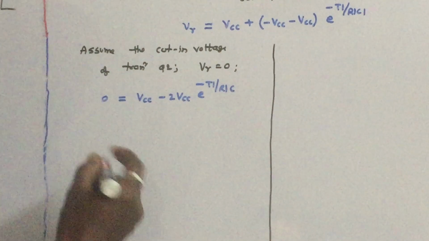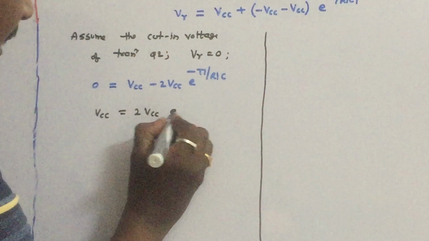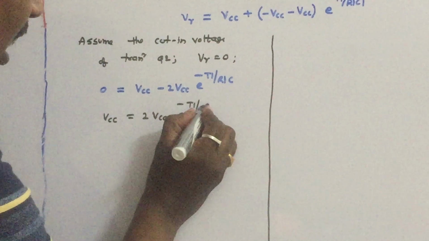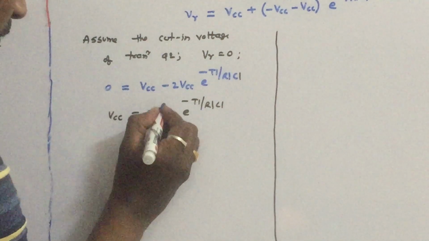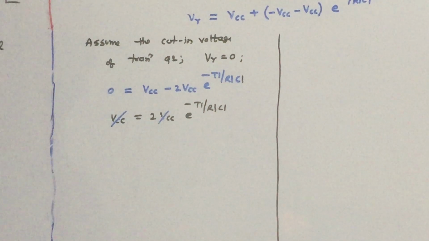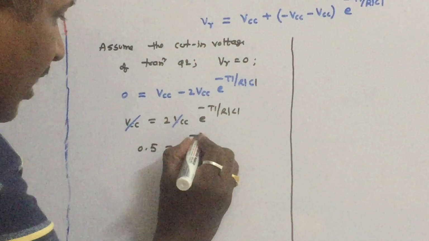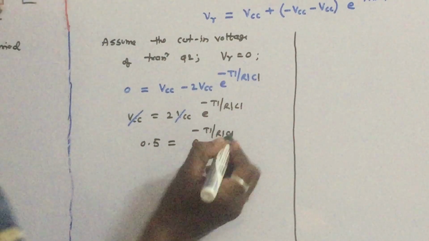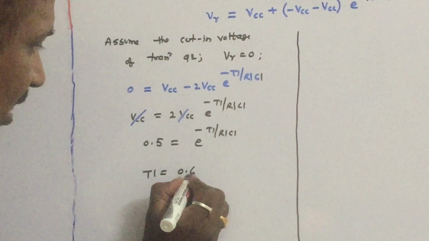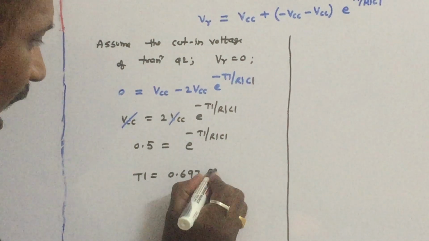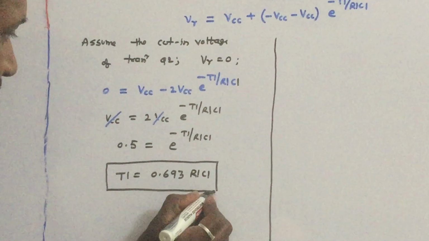Take VCC to the left side, so VCC is equal to 2 VCC into e power minus T1 by R1 C1. Cancel out VCC and VCC, 1 by 2 becomes 0.5. So 0.5 is equal to e power minus T1 by R1 C1. If you take natural logarithm on both sides, you get T1 equal to 0.693 into R1 C1. So this is the expression for T1.